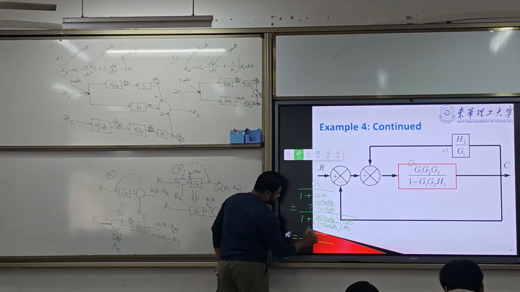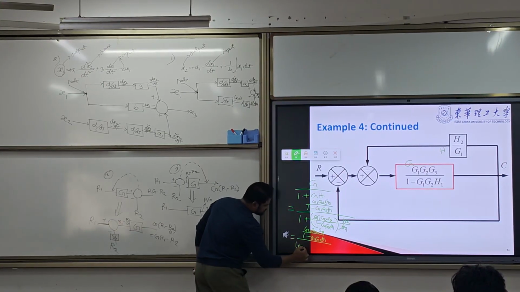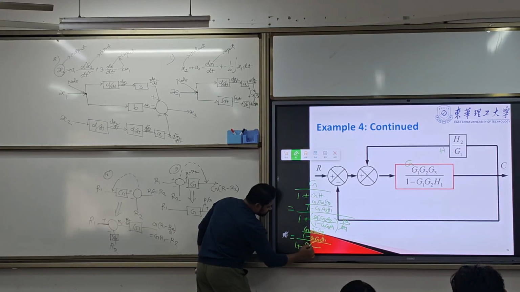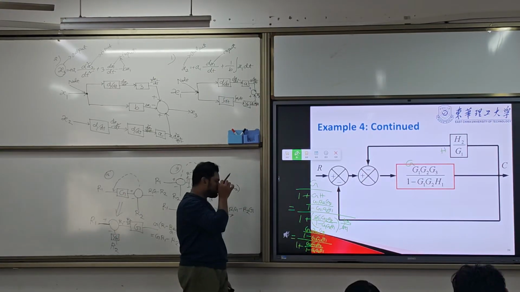Now here write it down, G1, G2, G3, 1 minus G1, G2, H1. And here 1 plus G2, G3, H2, 1 minus G1, G2, H1. Okay. Now solve it again.